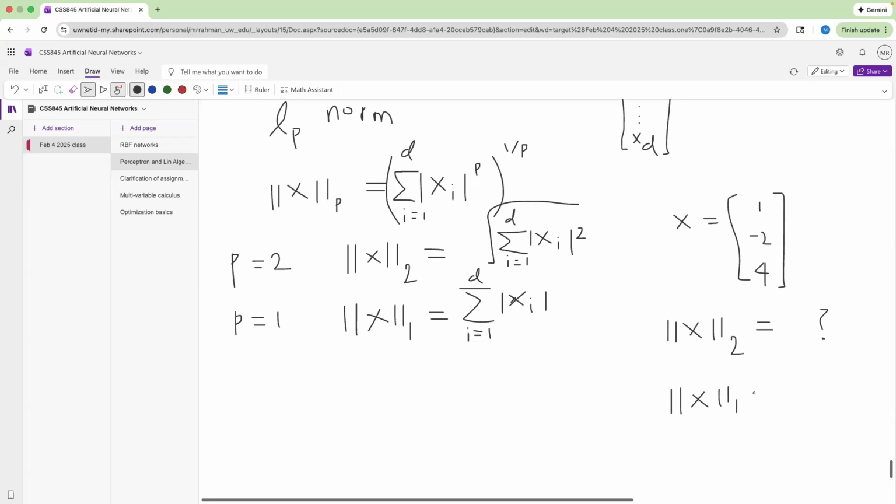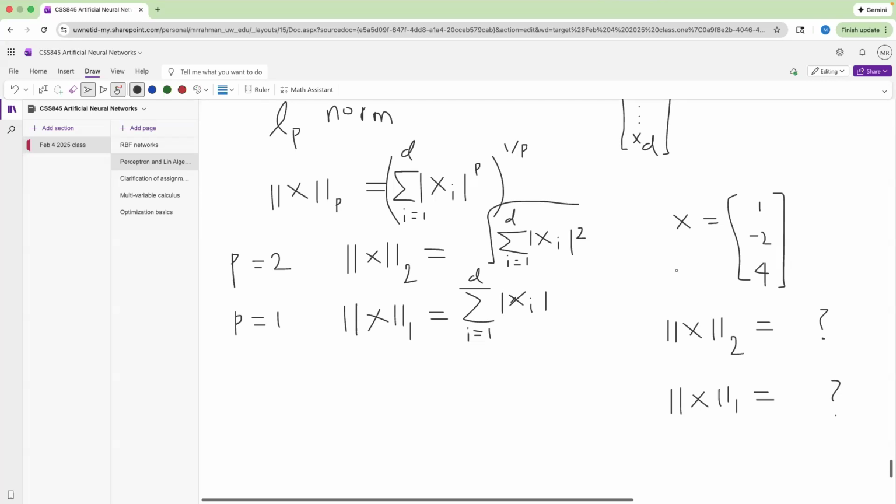And what is the L1? Anyone? What do you need to do to compute the L2 norm here, or the Euclidean norm of this vector? Would the Euclidean norm be 5?